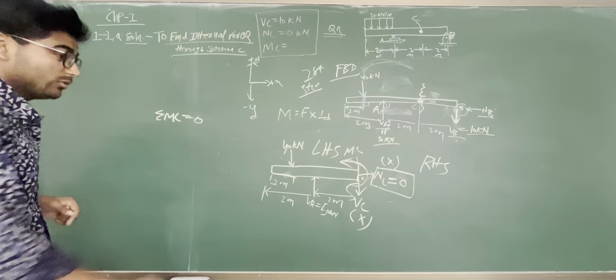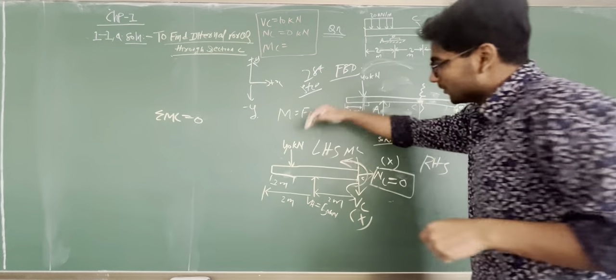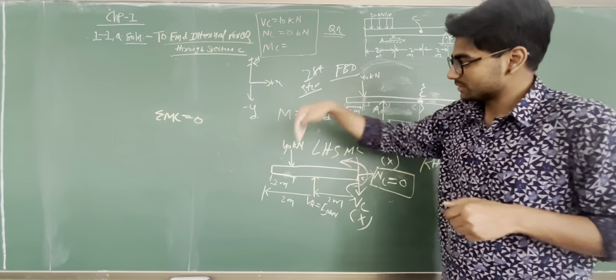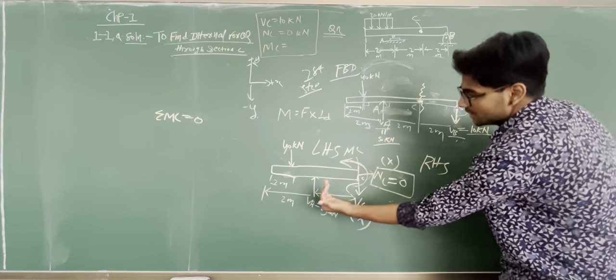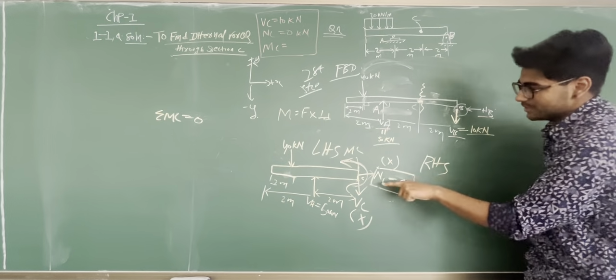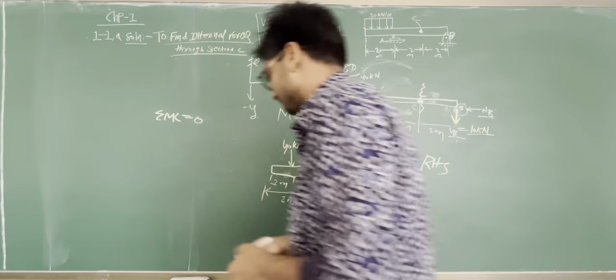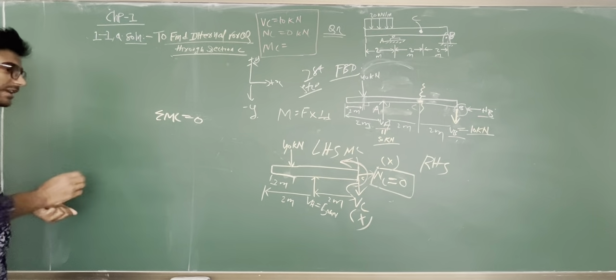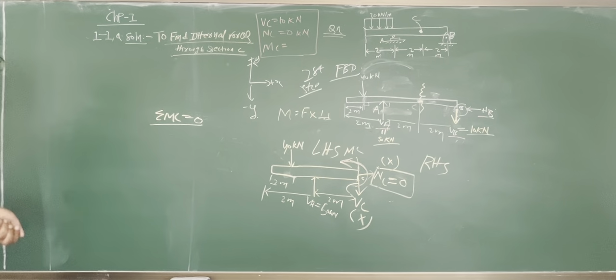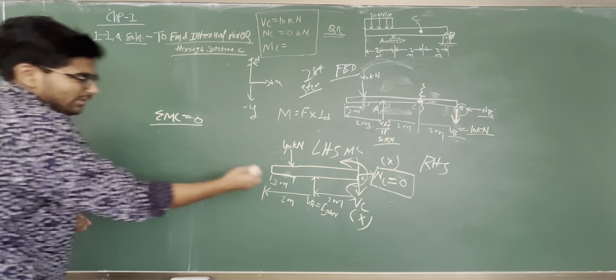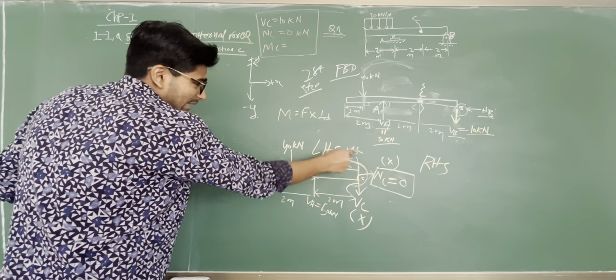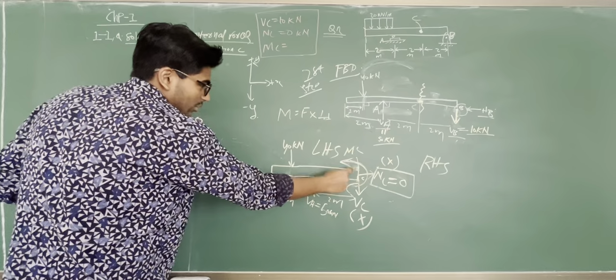And what is this one? This is anti-clockwise. What is this VA? This is clockwise. What is this MC? Anti-clockwise, right? So we take the moment at C equals to 0. Then there is a moment at C, MC.